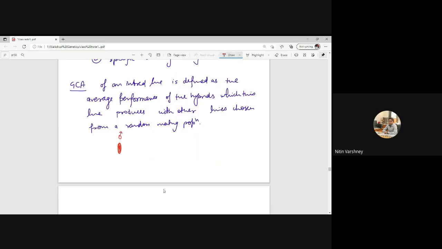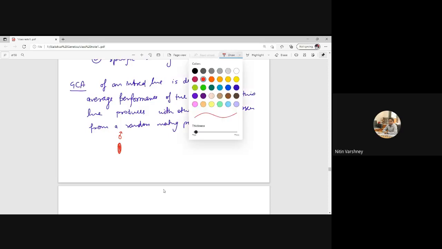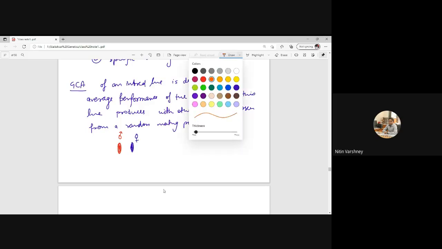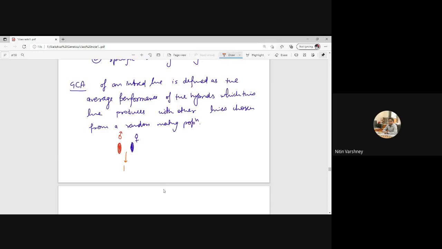From a random mating population, I will take one female, and after making the cross, this F1 hybrid will be generated. So the general combining ability of an inbred line is defined as the average performance of the hybrid.